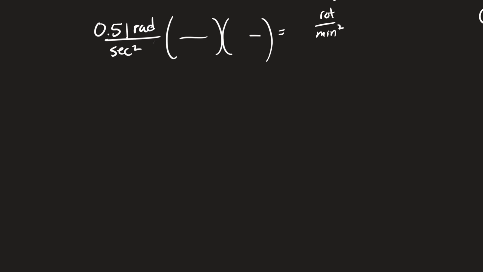Now, it doesn't matter the order that I put these in, because you can multiply in any order. So I'm going to start with the radians. And I want to get rid of radians, so I put radians on the opposite side. So step 1, write your value as a fraction. Step 2, write what you want to transform it to.